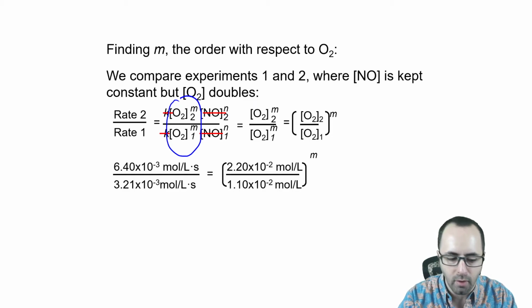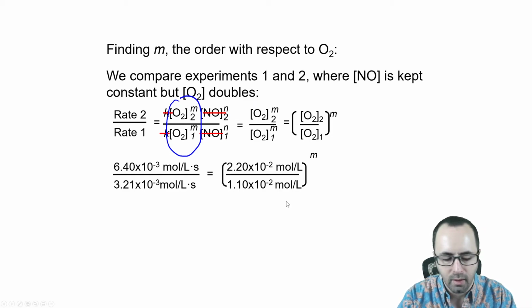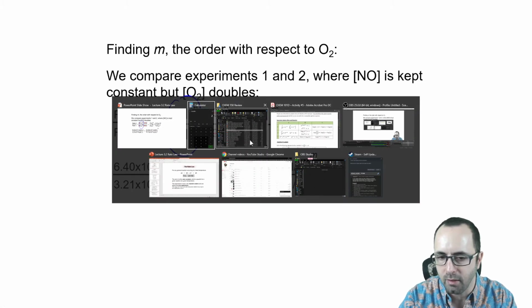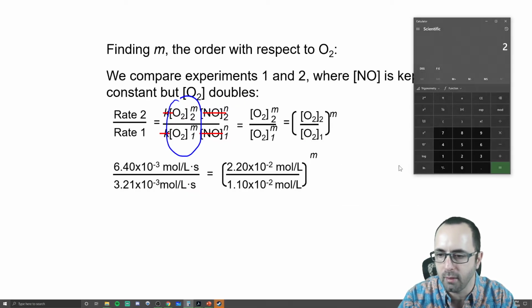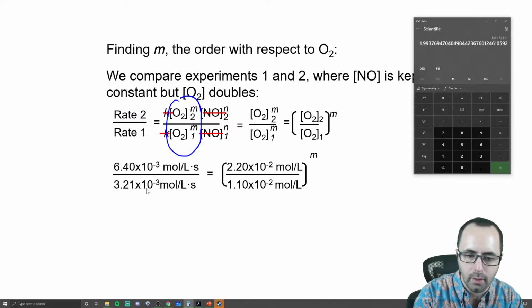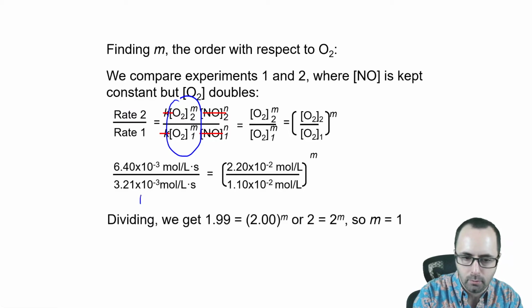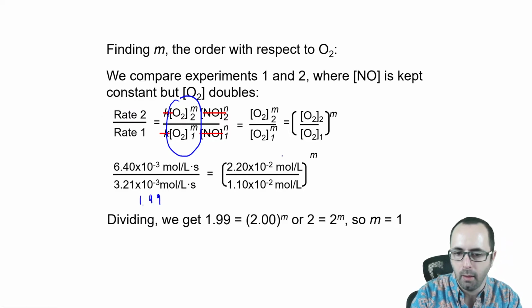Now let's divide these. What we're going to find is that we don't get this nice perfect 2 like we got last time. So 6.4 divided by 3.21, I don't really need the 10 to the minus 3s. Instead, I get 1.99. And then this is 2.